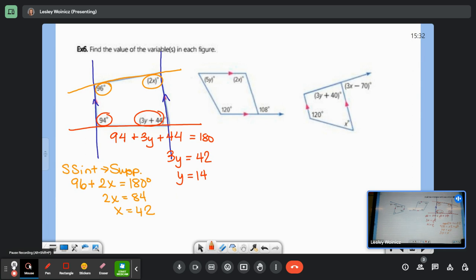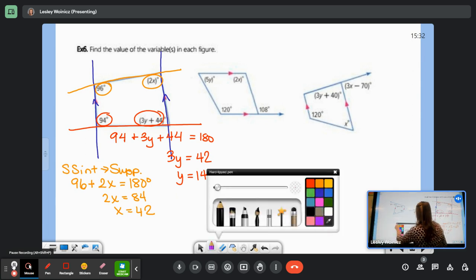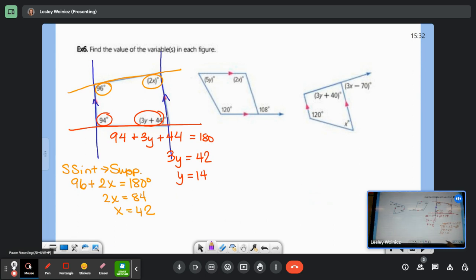Here's your big brain question. Why can't I set 2x equal to 3y plus 44? Why can't I set these two equal to each other and solve? Okay, I just killed your brains.